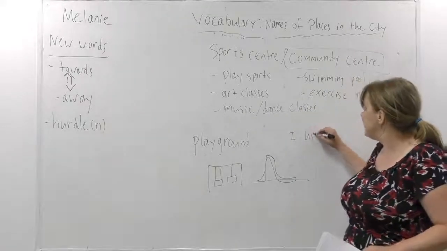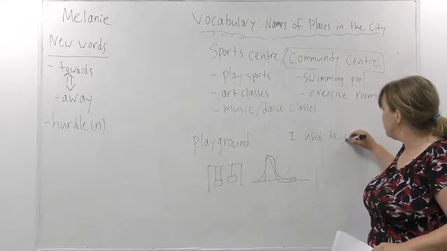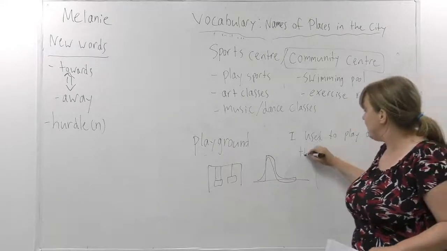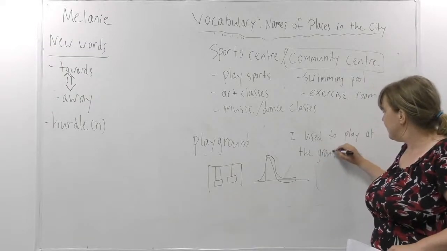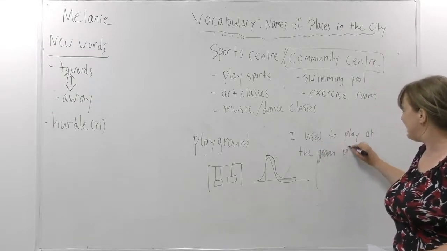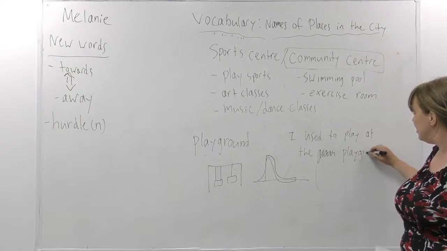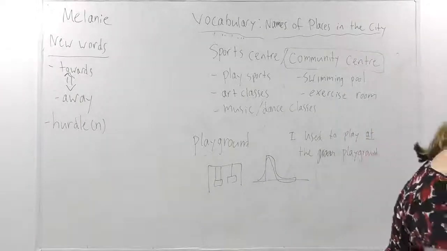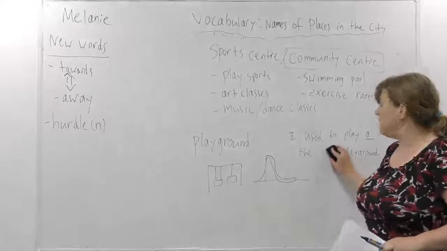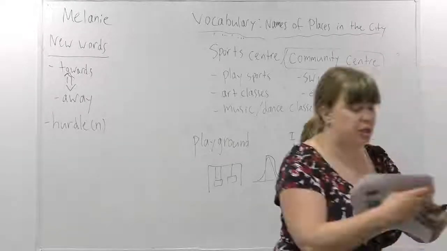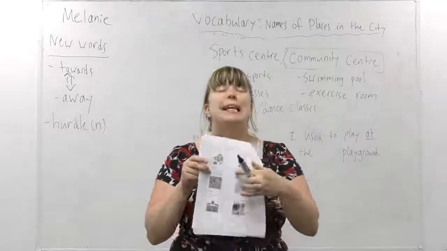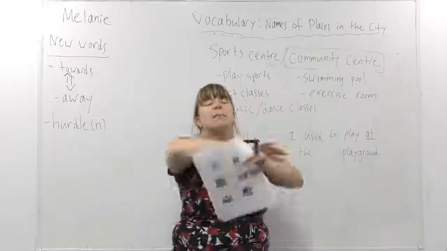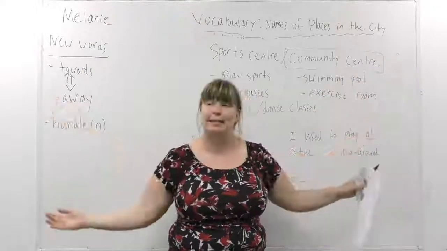I used to play at the playground. Not the ground, the playground, when I was a child. In this example, it says the children are shouting and running in the playground. So you could say in the playground as well, because the playground's pretty big.